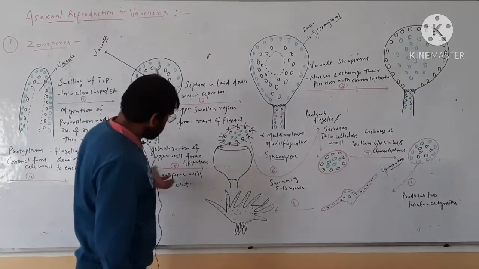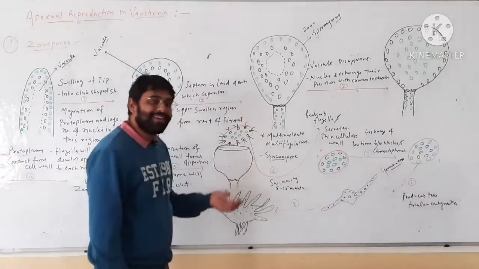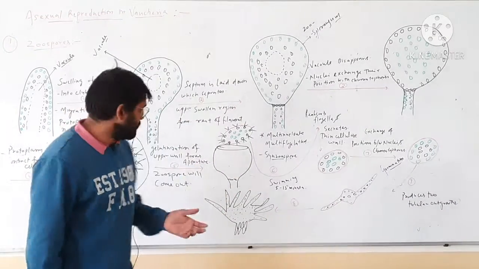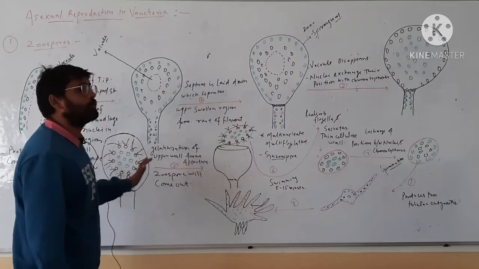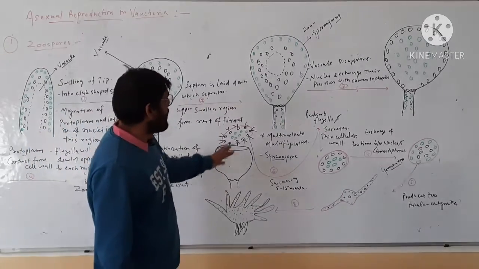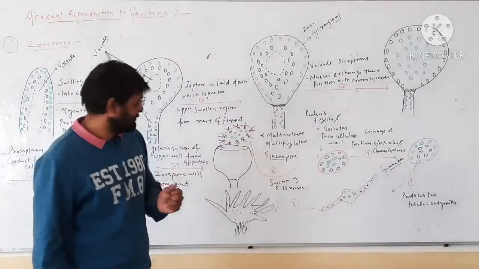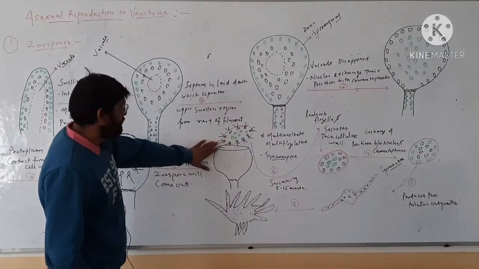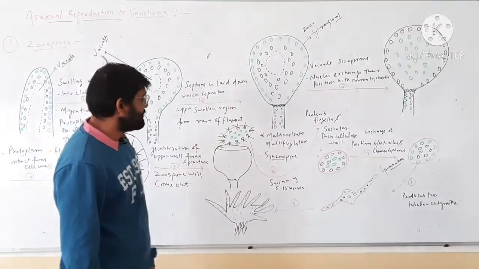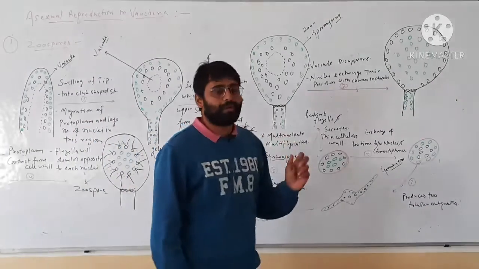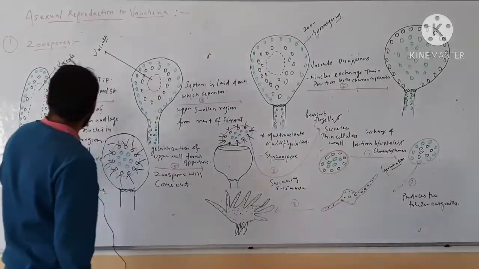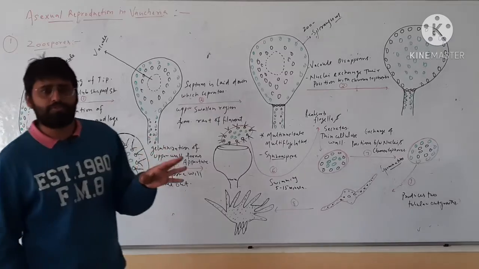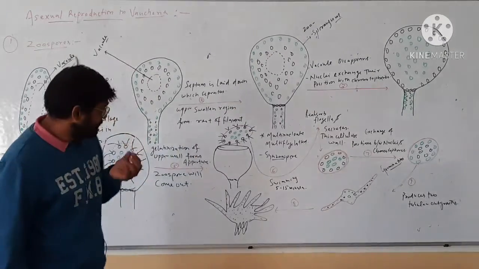Now the zoospore will come out from the zoosporangium through this apical aperture. Now this is a zoospore. You can see here the zoospore in the case of Vaucheria is somewhat different from other zoospores. Why is it different?